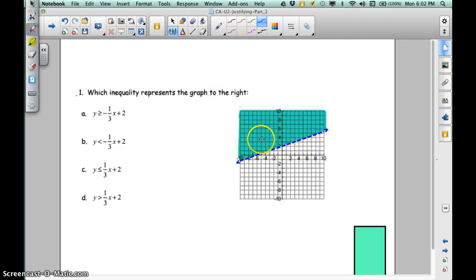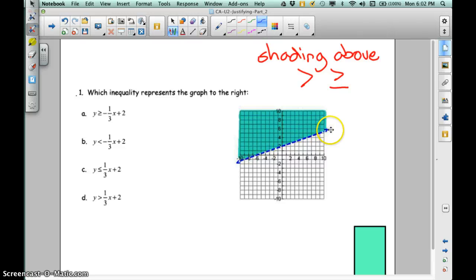And so if we look at this graph, first of all, we see shading above. And so what kind of inequality symbol should our inequality show? I hope you said a greater than or a greater than or equal to. But now I want you to look at something else. I have a dashed line drawn.